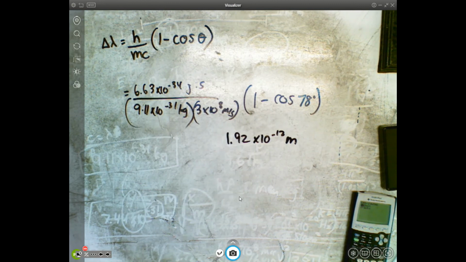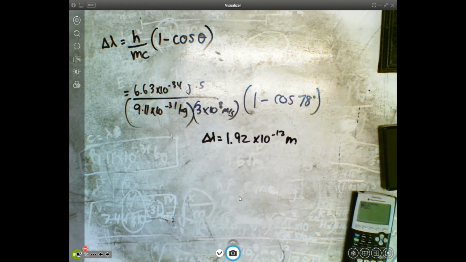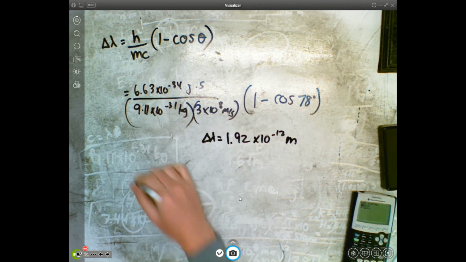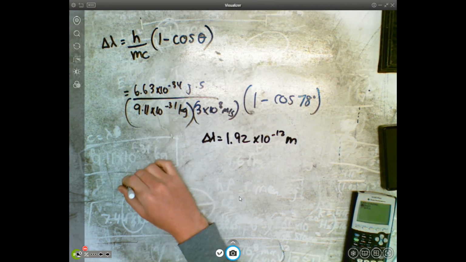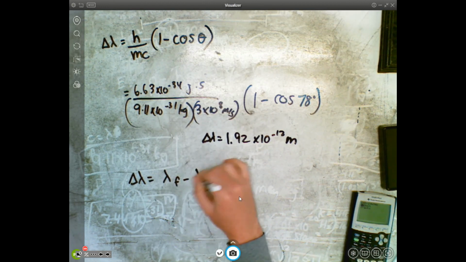A lot of people will stop here and think they got the right answer, but this is the wrong answer, because remember that this is equal to our change in wavelength. If we want to find the wavelength of our new photon, change is always final minus initial.